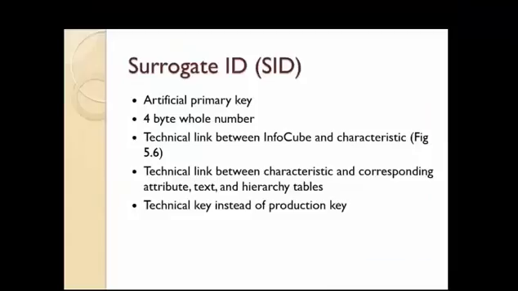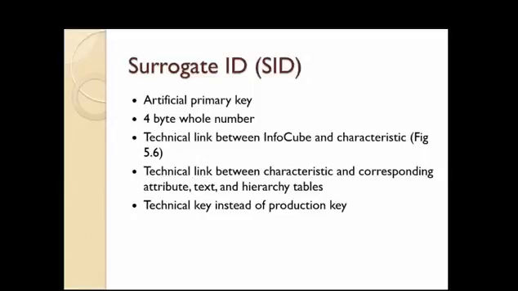So surrogate ID, or SID, is a very important concept in SAP BW. So let's take a look at it in more detail. Each surrogate ID is an artificial primary key. In other words, it's a technical key generated by BW automatically.